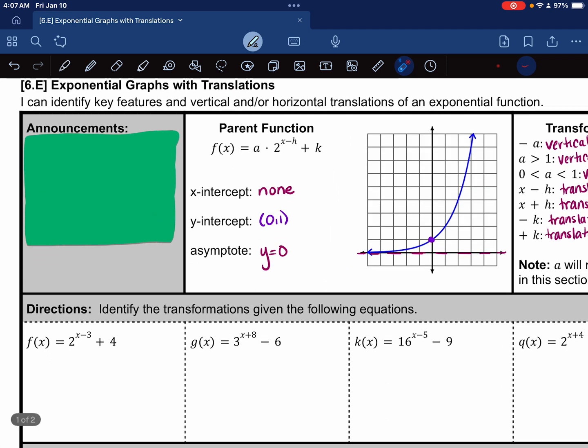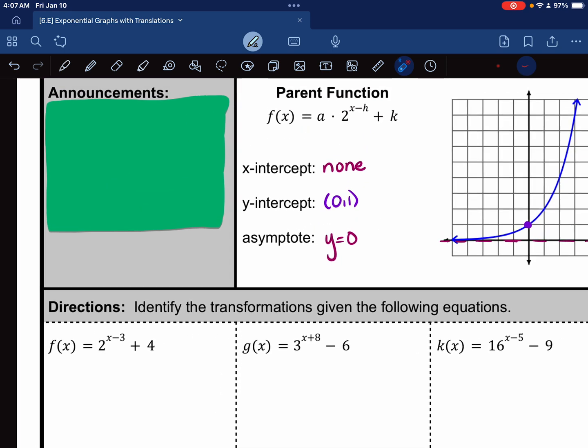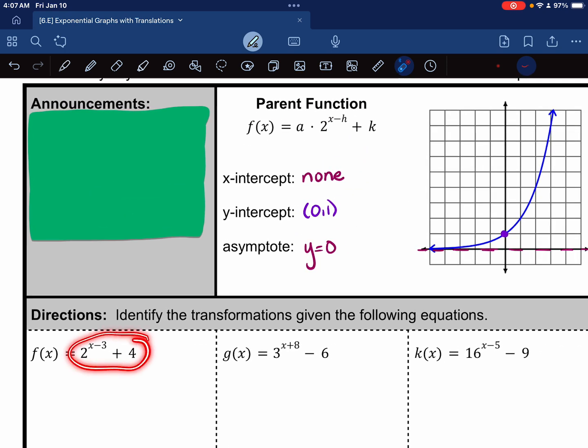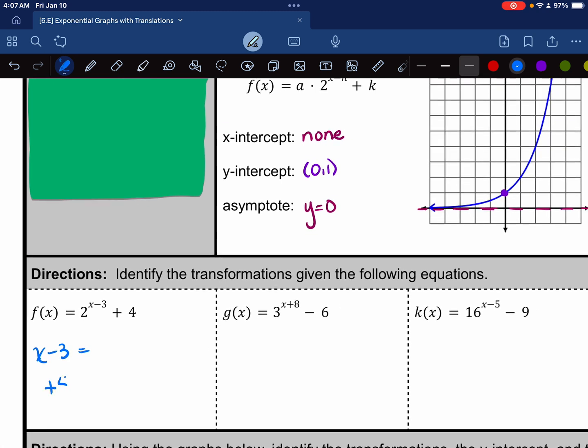So let's go ahead and let's try some of these together. So this one just wants us to identify the transformations. So I'm comparing this equation to this one up here. So it says x minus 3, all right? So that's going to be an h value, right? And then we also have the plus 4.